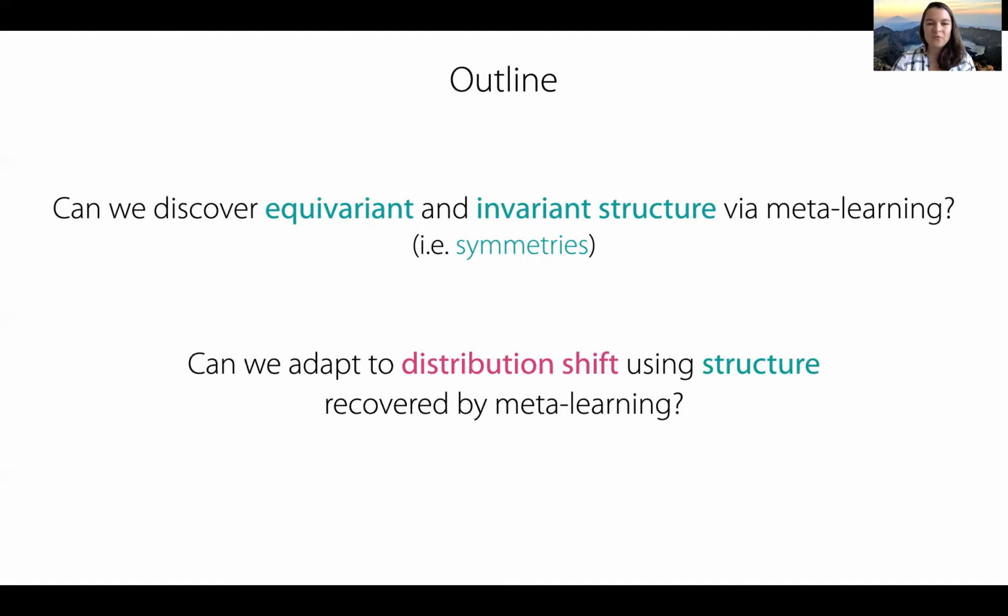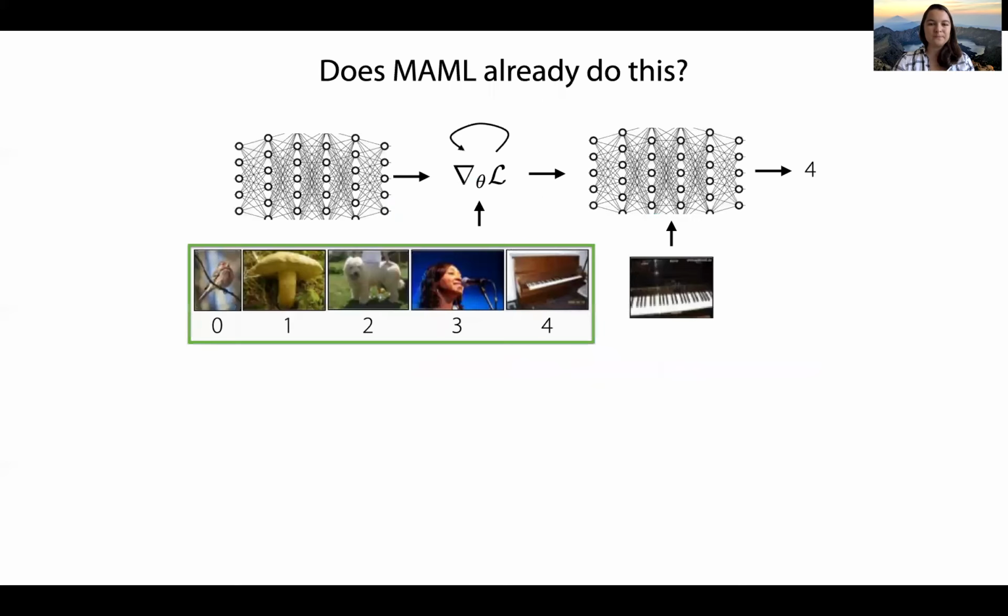Okay, of course, there are a number of different types of structure, and so we'll first start by focusing on equivariant and invariant structure, but it's possible that the ideas that we'll talk about will allow us in future work to extend to other kinds of structures as well. But first, let's think about equivariant and invariant structure. Now, the first question is, does MAML already do this? Does it already extract this kind of structure?